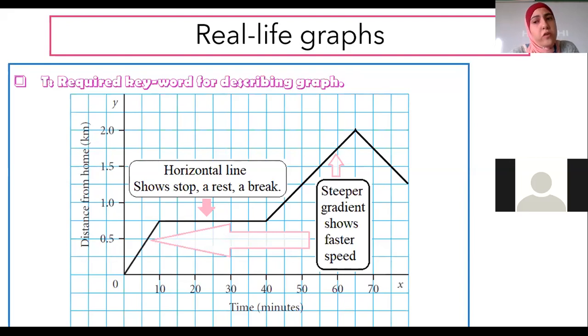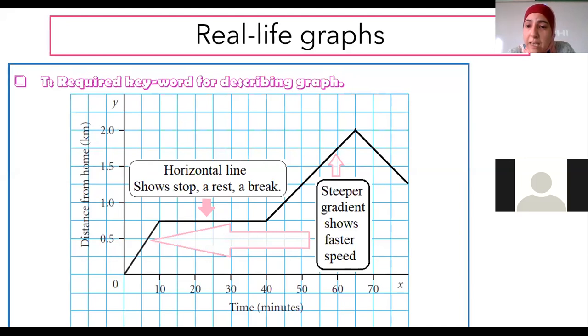Now, this is not for sure that the speed became less, but if you're comparing the distance and the time, the time is still going up, but the distance you used to cover at the top, right here, let me draw it with the blue, at this top here, you used to be 2 kilometers apart from your house, right?